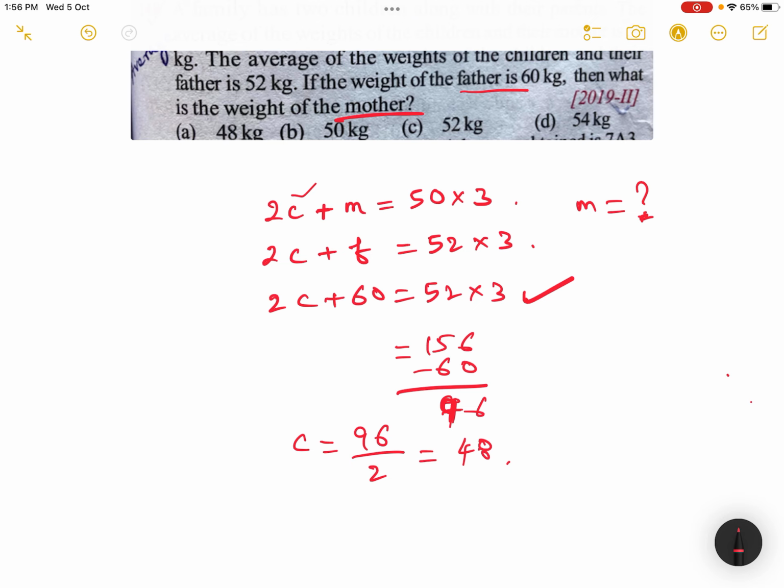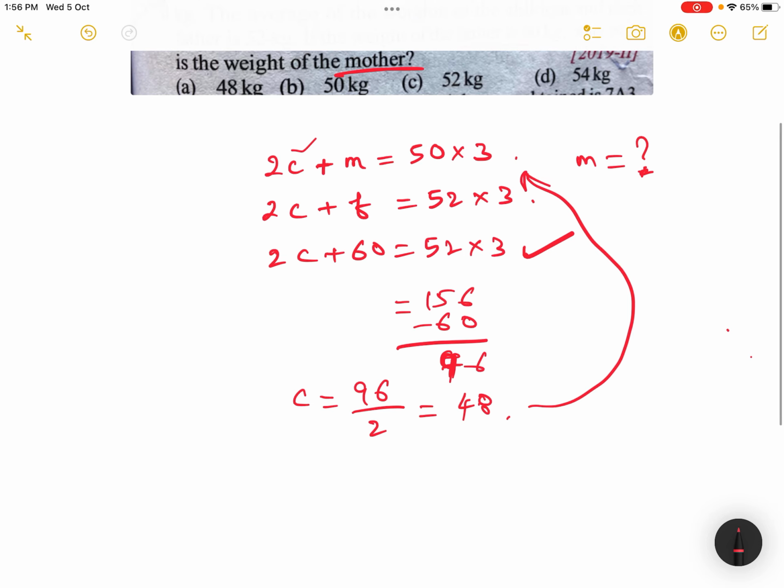So we will substitute this one here. M equals 150 minus 48, which is 102. Then 102 minus 48 gives 54.